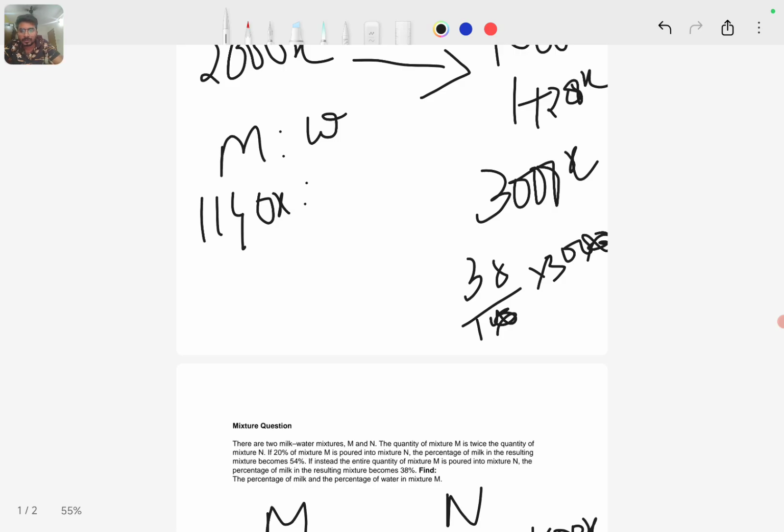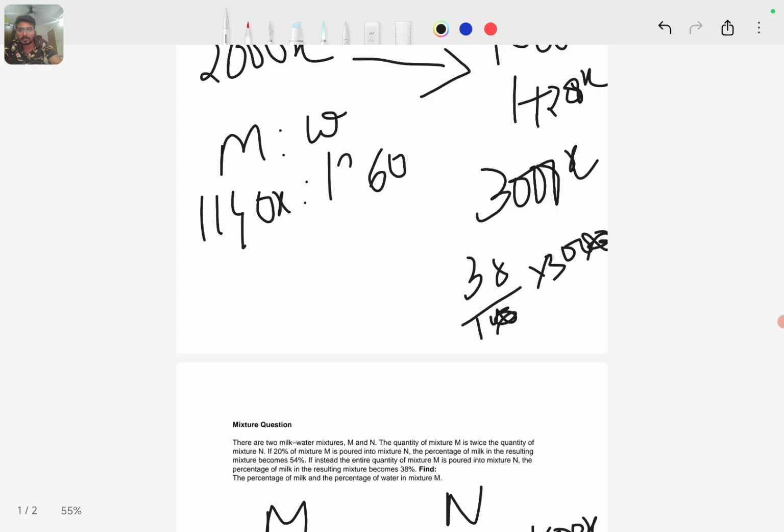So 1140x milk is there, and how much water should be there? Add 60, so it becomes 1200. Add 18, so it becomes 3000x. So this is the quantity of milk and water after we add the entire mixture of M into the N mixture.